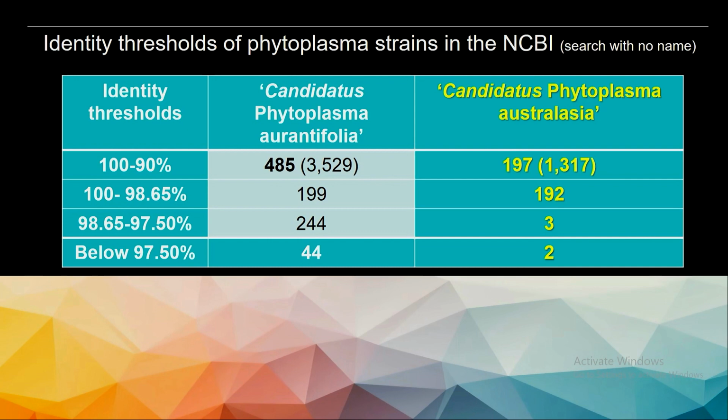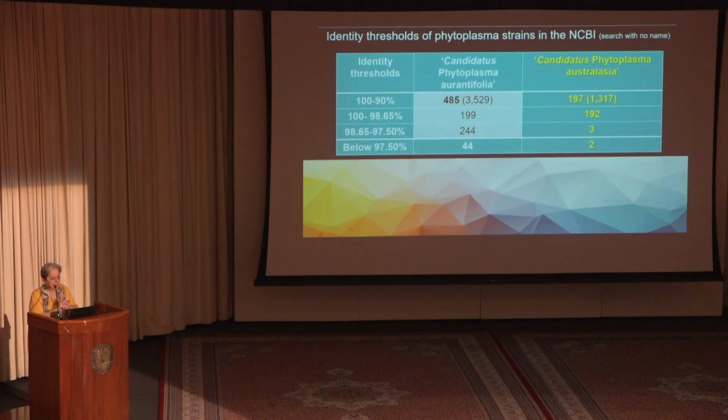I searched in the GenBank, and I searched using the Candidatus as a comparison, and just using the general sequence, I was getting something like 4,000 sequences, just for these 2 Candidatus. Then I restricted to the taxid, I mean, just giving the Candidatus aurantifolia and australasia name, and the number, as you can see here, were reduced. Then I verified the sequence for the identity threshold.